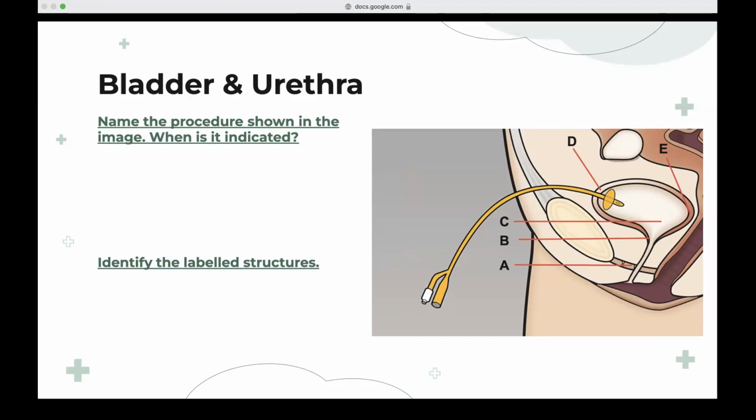If they want to visualize, they would do cystoscopy. They do it when there is an obstruction in the urethra and the patient is not able to pee, and the bladder is distended, so you can palpate it through the abdomen above the pubic symphysis. The catheterization is done to empty the bladder.